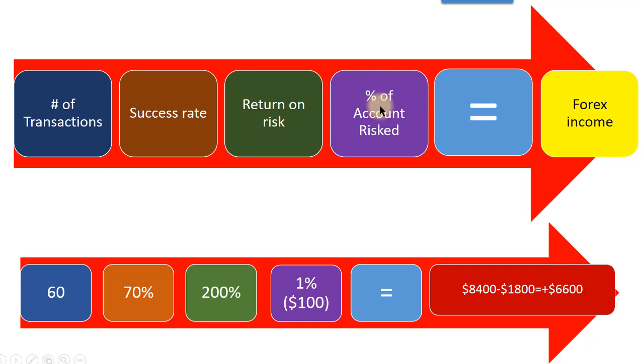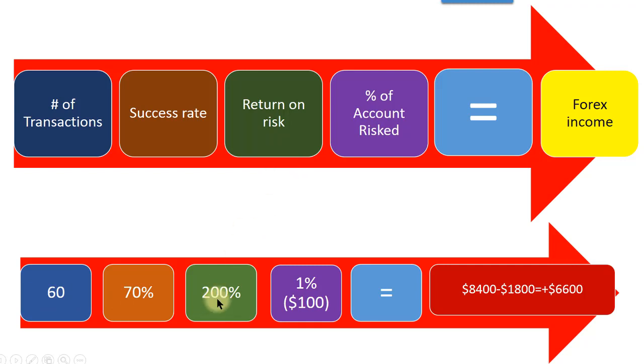And then the last one is what percentage of your account is risked, because if you have a good success rate and a good return on risk, you can risk a higher percentage of your account to increase your Forex income. Here's an example of a trader that does 60 trades, has a 70% success rate, has a 200% return on risk.